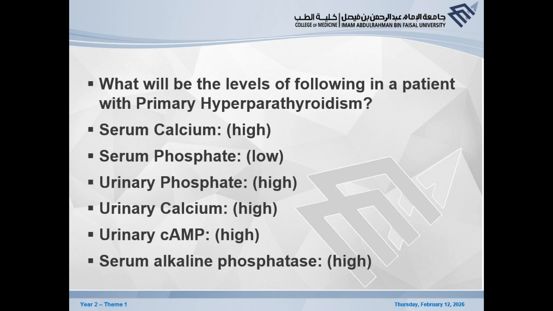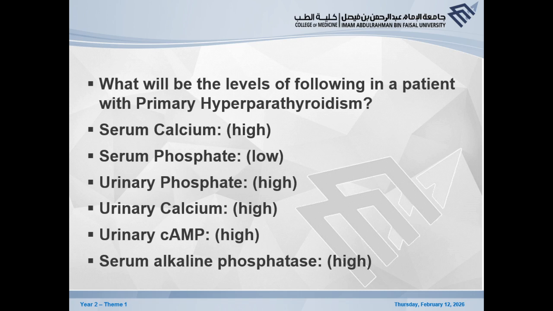So when there is more calcium in the blood, more calcium will be filtered in the kidneys, so the filtered load of calcium will increase. But there is a threshold, like in the case of glucose. Renal tubules can reabsorb glucose up to a limit. After that, they get saturated, so glucose starts appearing in the urine. In the same way, for calcium reabsorption also, there is a limit for the kidneys. When they get saturated, the calcium starts appearing in the urine. So urinary calcium will also be high.